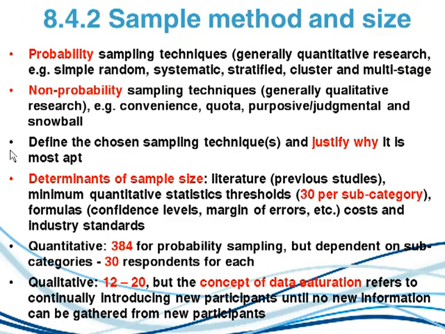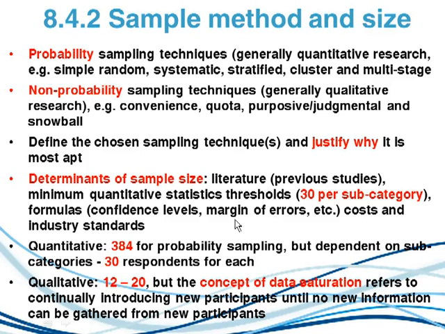It costs a lot. So most of our students generally use non-probability techniques. Generally convenience, quota, and purposive sampling. So most of my students just use a convenience sample or a judgmental purposive sample. They select the respondents. Okay? So you need to define the technique you've used.